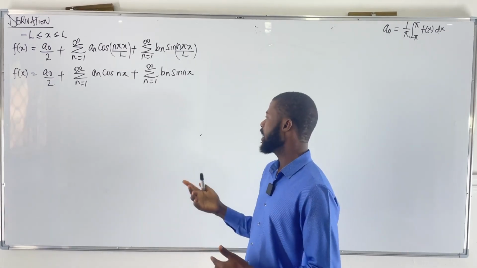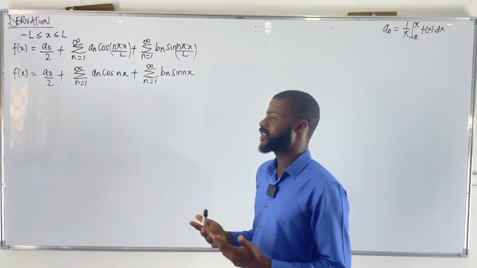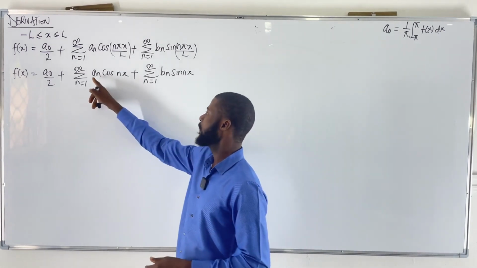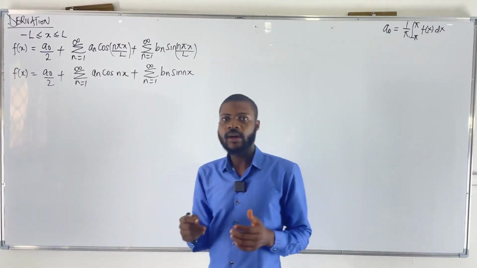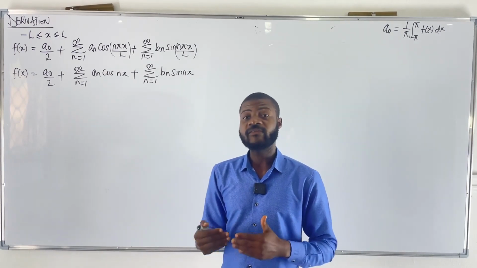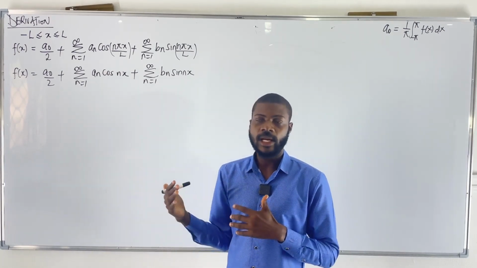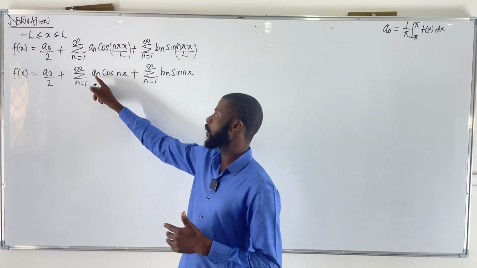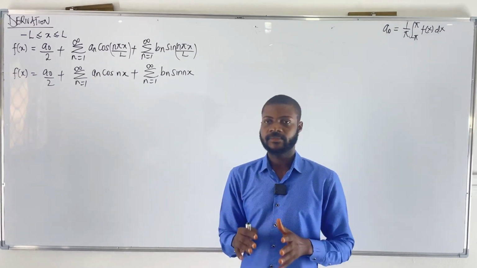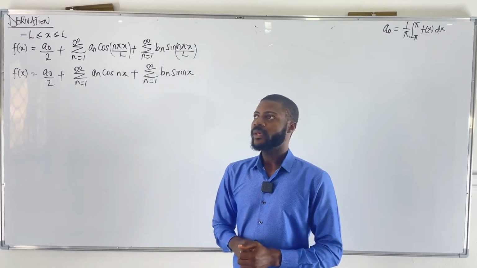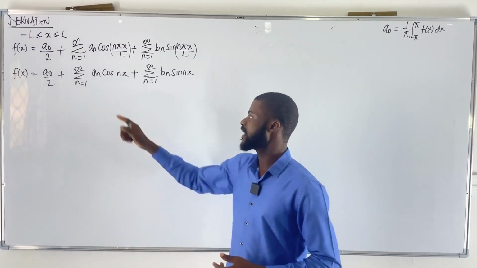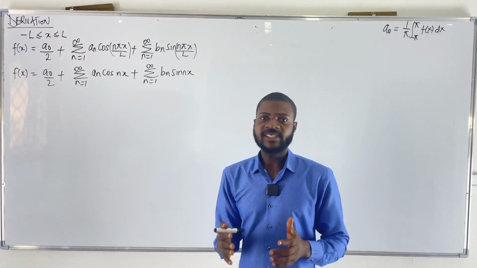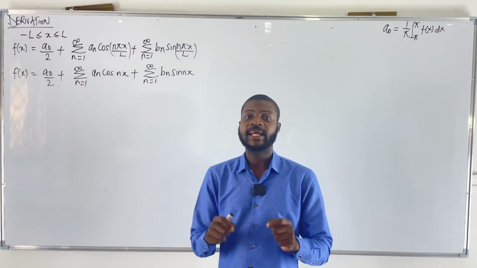Now, for a sub n, if you notice, a sub n is with a cosine. We're trying our best to make sure that we find every single coefficient here. Now, please listen. If I am trying to find something, this is a sub n. Every single function has sine and cosine in them.